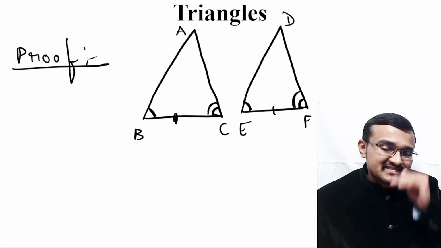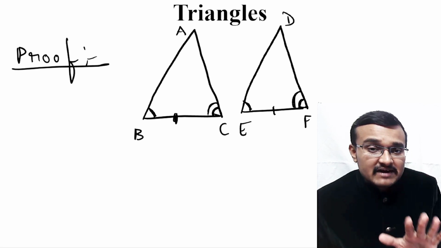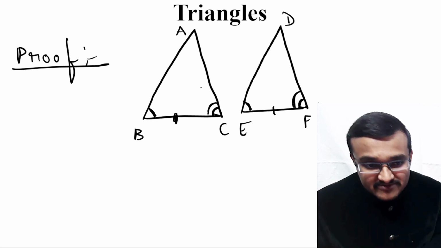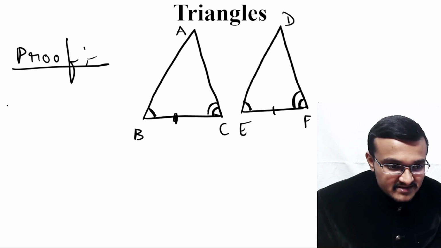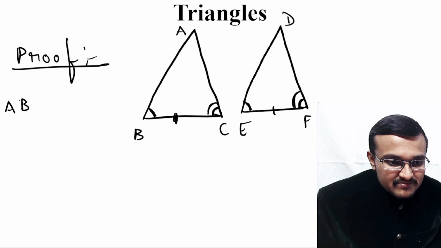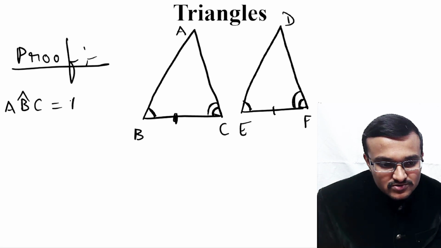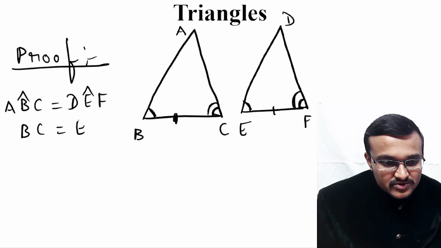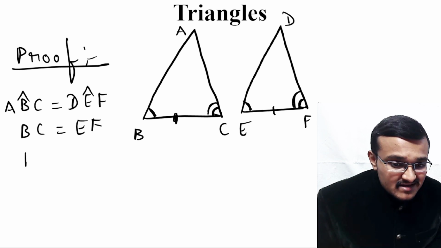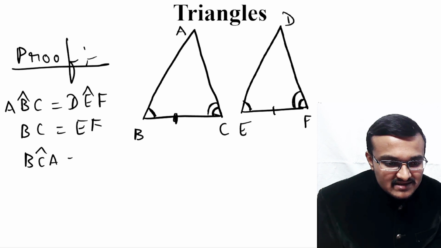Because this data is already given, now we have to prove these two triangles are congruent with each other. In order to do that, first we'll write the data which we have. Angle ABC is equal to angle DEF, side BC is equal to side EF, and angle BCA is equal to angle EFD.